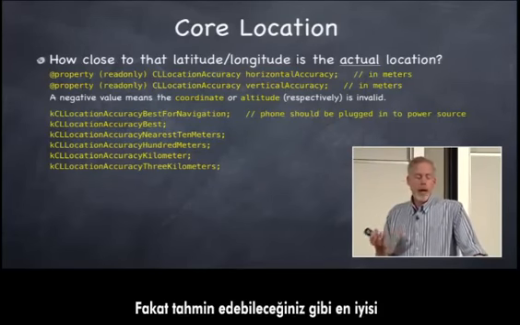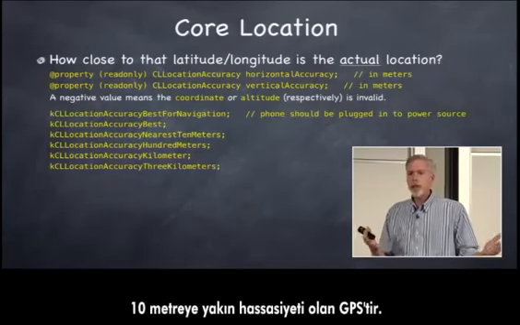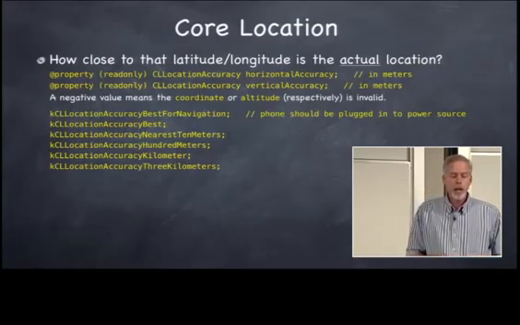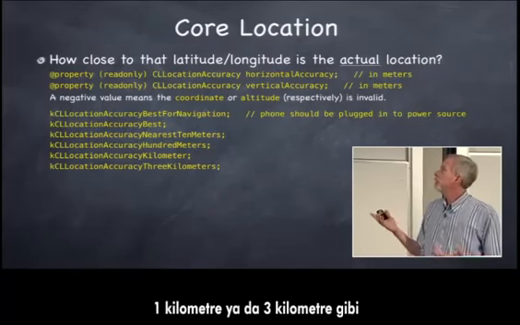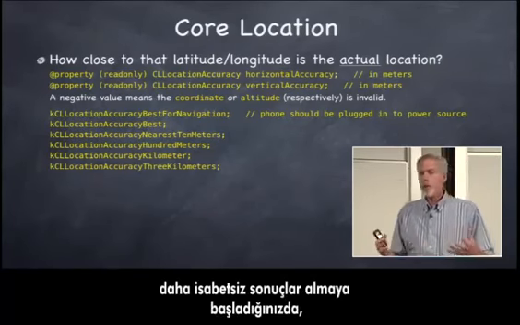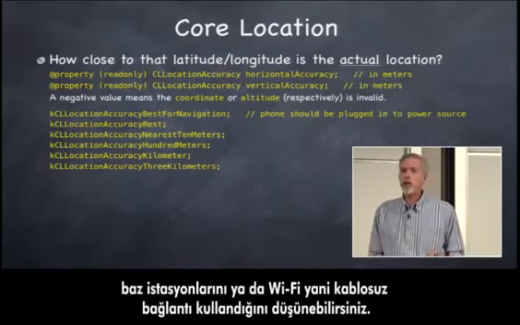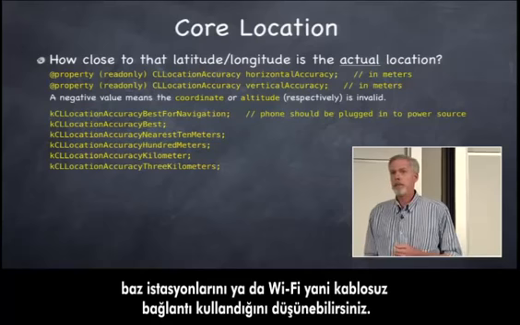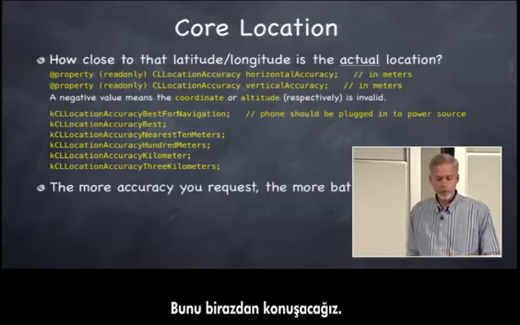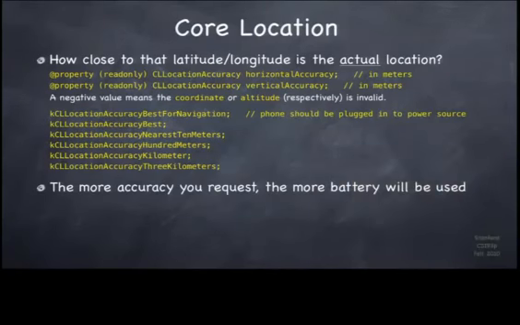But best, you can imagine, is probably GPS. Nearest 10 meters might also be GPS. When you start getting into the lesser accuracies like kilometer and 3 kilometers, now you can imagine that the phone might be using things like cell towers and Wi-Fi, okay, to find out where you are. And we'll talk about those in a second.